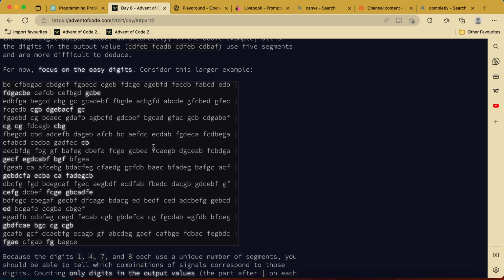But wait a minute, they're not ordered correctly. I think in my solution the indexing here is simply wrong. Yeah, I need to revisit that.